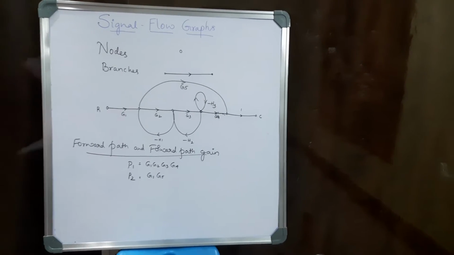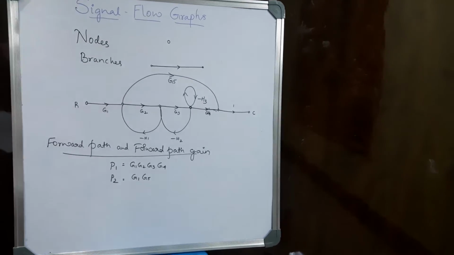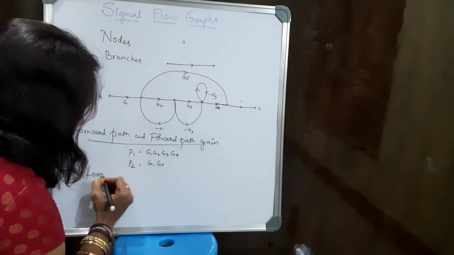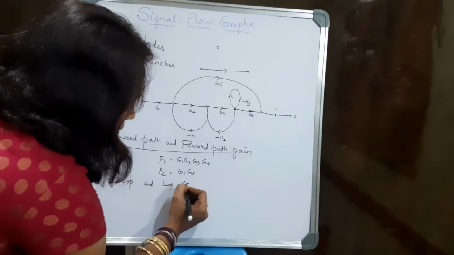Now the second definition we need to know here is loop and loop gain.